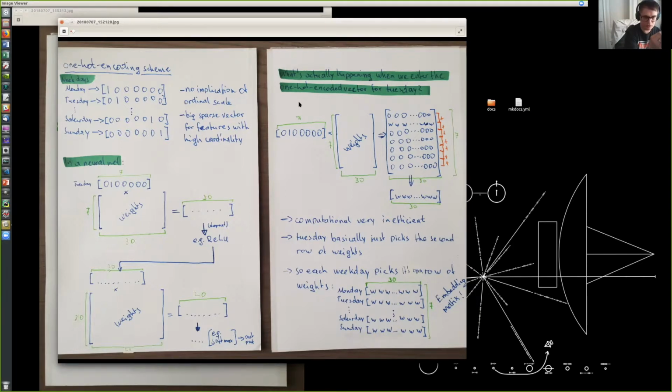I don't know if the learning process is actually getting better because you're using these embedding matrices, or if you can just computationally get around this here, but mathematically speaking it's the same. It's just like if you would train a small neural network in front of the actual neural network to represent your weekdays.